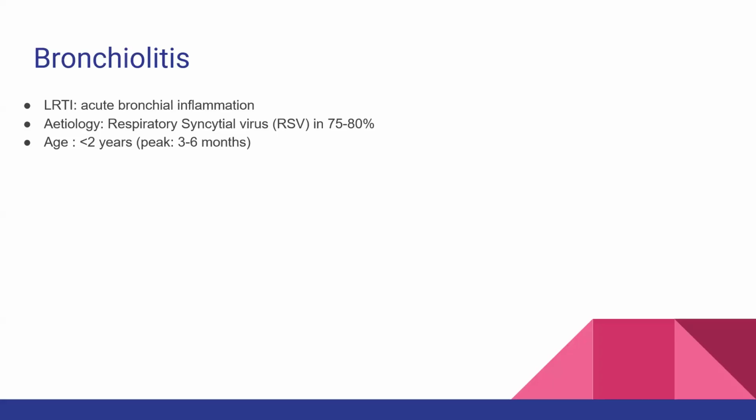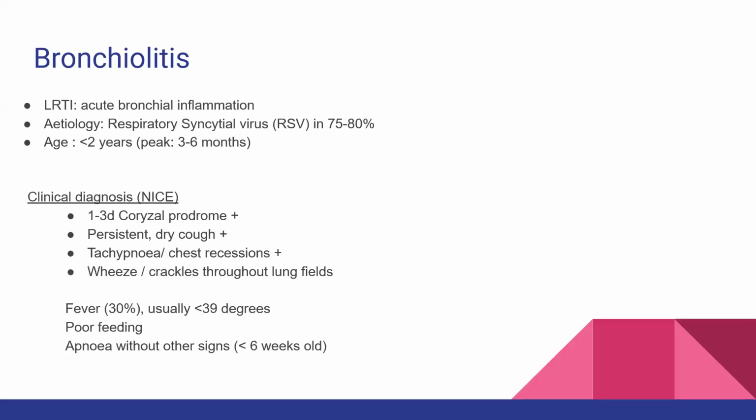Does anyone know what you might look for symptom-wise for someone with bronchiolitis? Yeah, so they might have a really dry cough. Often they'll come in because of difficulty breathing, so if they look like they're breathing really fast, or if they've got any of those recessions that we talked about.